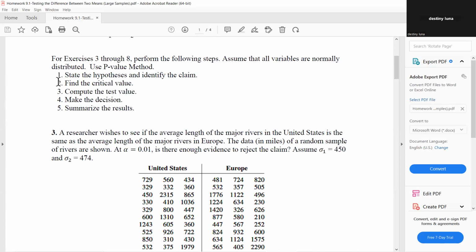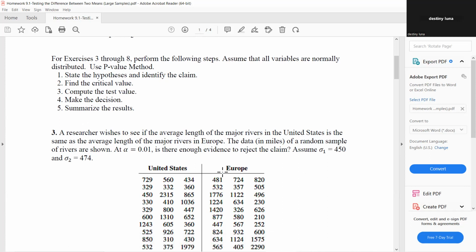So step one is fine, but step two is actually to find the test value, and then step three is to find the p-value. So just be aware that she has the wrong series of steps. These are for the traditional method. So just follow the p-value method steps when you do that. She has it correct on the key as far as I know, but not up here.